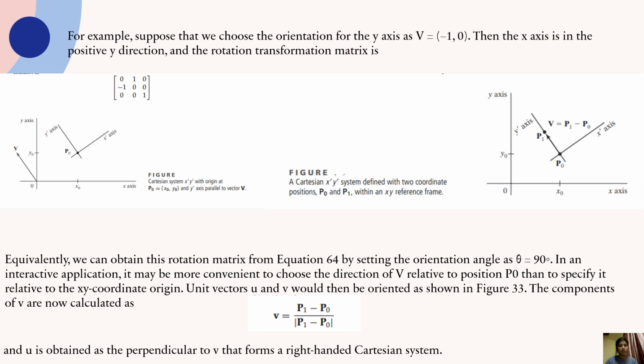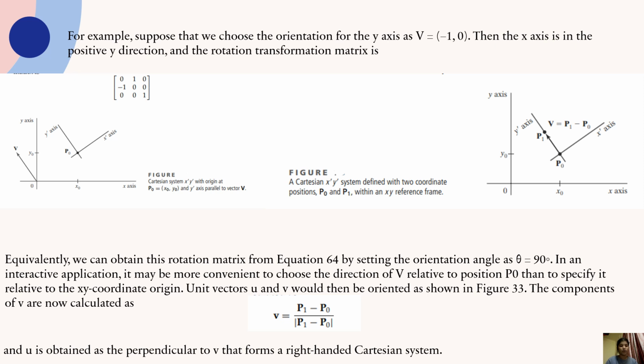Equivalently, we can obtain the transformation matrix from the equation by setting the orientation as theta equal to 90 degrees. In an application, it may be convenient to choose the direction of v relative to position P0. So basically we can rotate it as we want to the y axis, and we obtain the unit vector u, and v would then be oriented as shown in the figure, and we have the following formula.